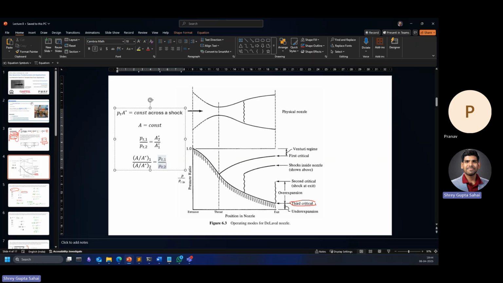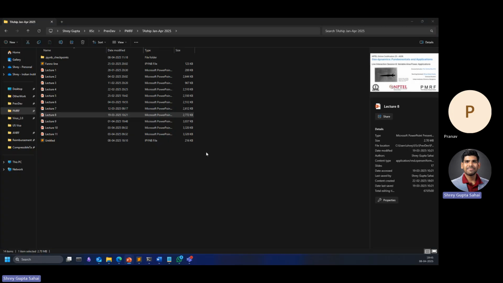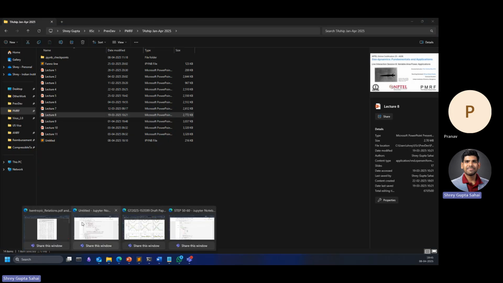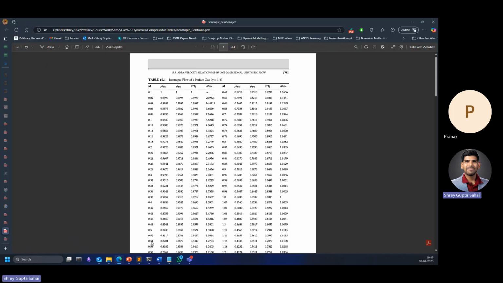Which means that across a normal shock, will the A by A star values decrease or what will happen? It will increase, isn't it, if A by A star is the ratio we are looking at? In isentropic tables, is it A by A star or A star by A? A by A star.